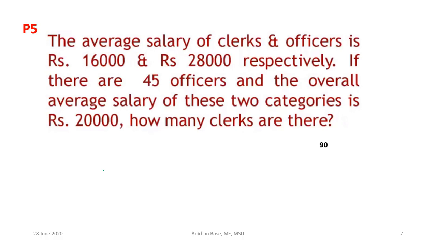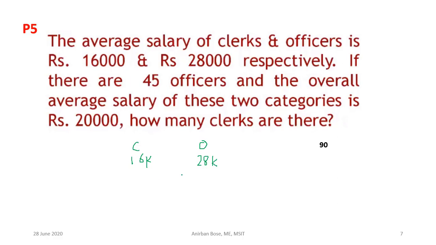The average salaries of clerks and officers are rupees 16,000 and 28,000. So here the two categories are clerk and officer. The average salary of the clerk is 16,000, say 16k, and for the officer it is 28k.